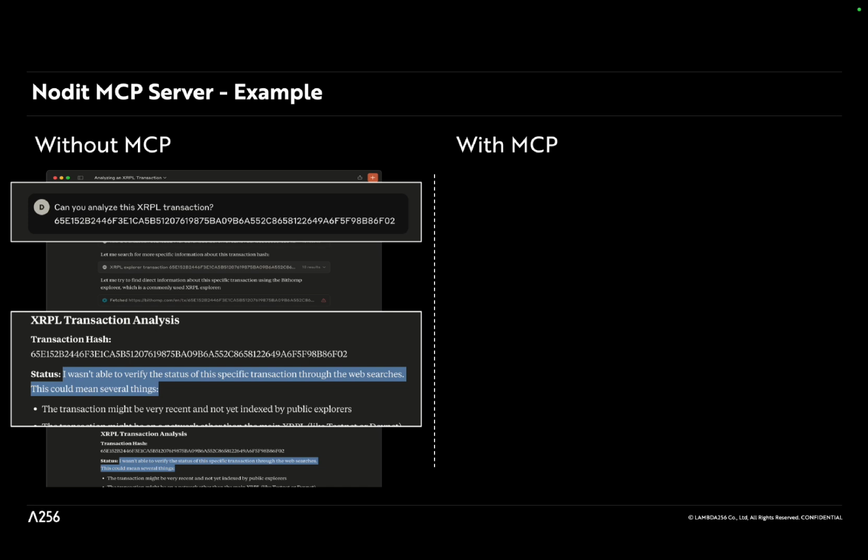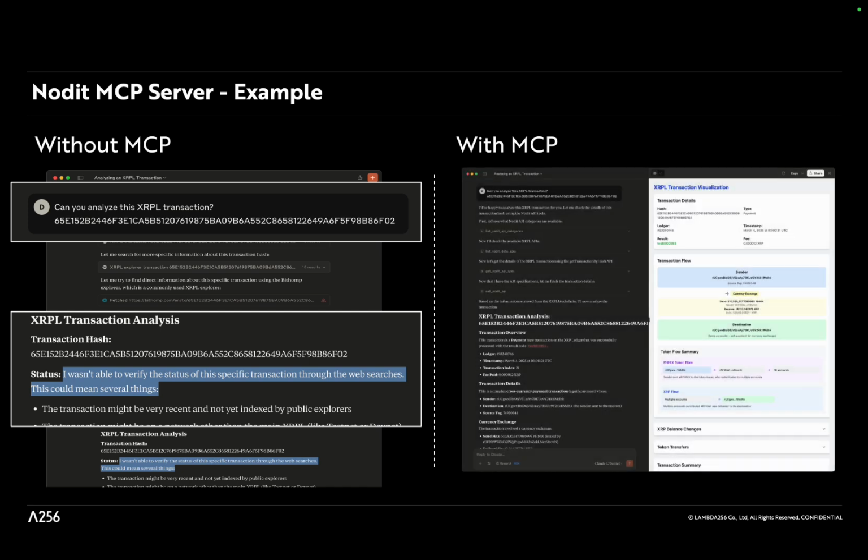But eventually, it just gives up. I wasn't able to verify the status, blah, blah, blah. And this could mean several things. So it's trying, but it's guessing because it's blind to real data.